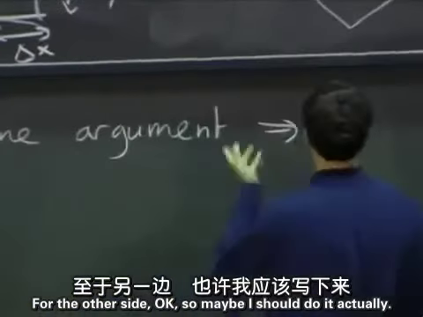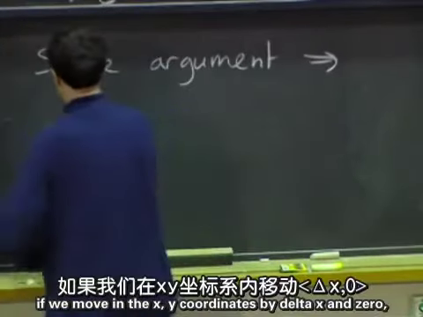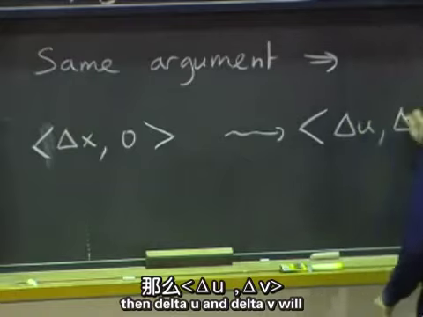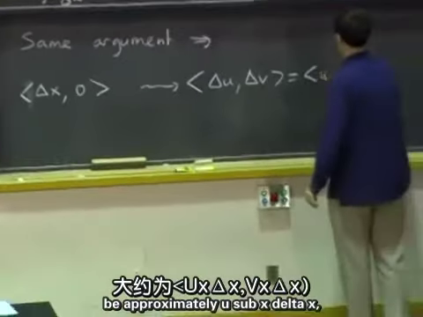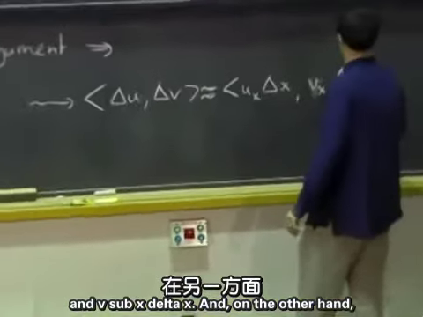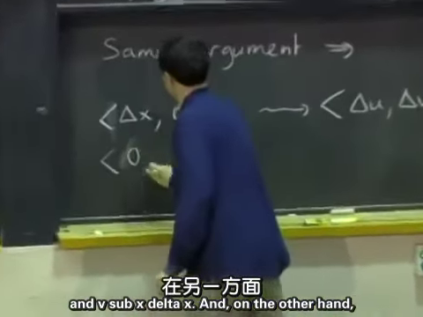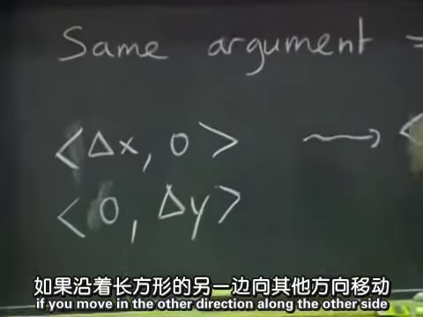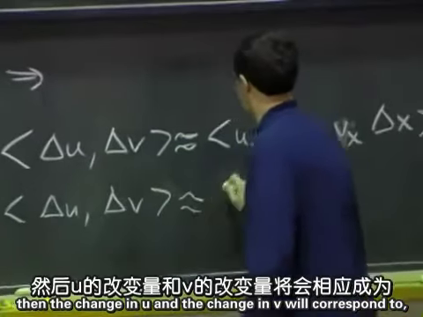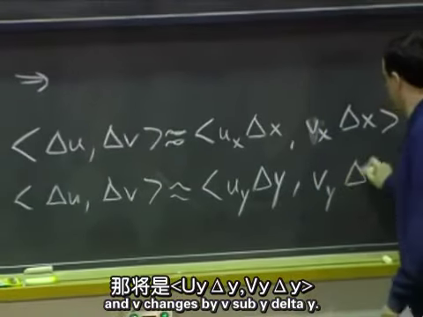On the other hand, if you move in the other direction, along the other side of your rectangle, 0 and delta y, then the change in u is u sub y delta y, and v changes by v sub y delta y.